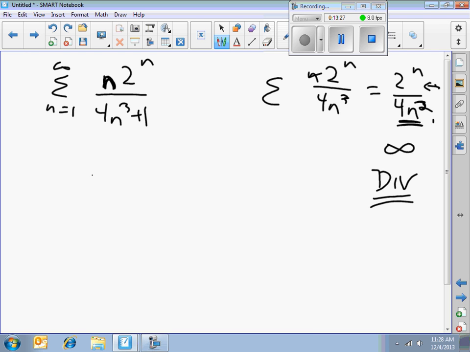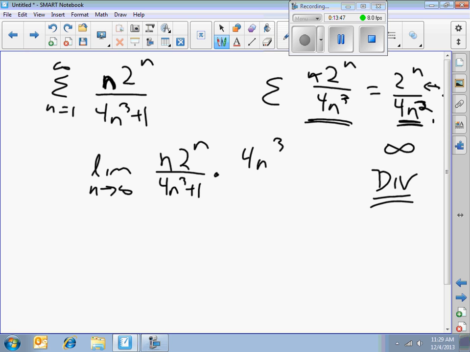So we're going to use our limit comparison test. The limit as n approaches infinity of the original one, n times 2 to the n over 4n cubed plus 1, divided by the new one. Dividing by any fraction is the same as multiplying by the reciprocal. I'm going to use the unreduced one to do that: 4n cubed over n times 2 to the n.